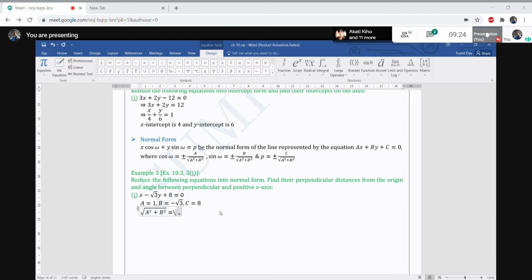Square root of 1 square plus square root of 3 square will be square root of 4, which is equal to 2.